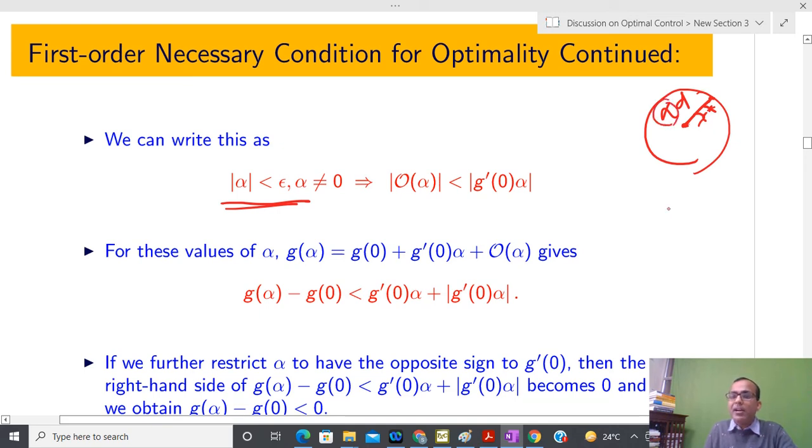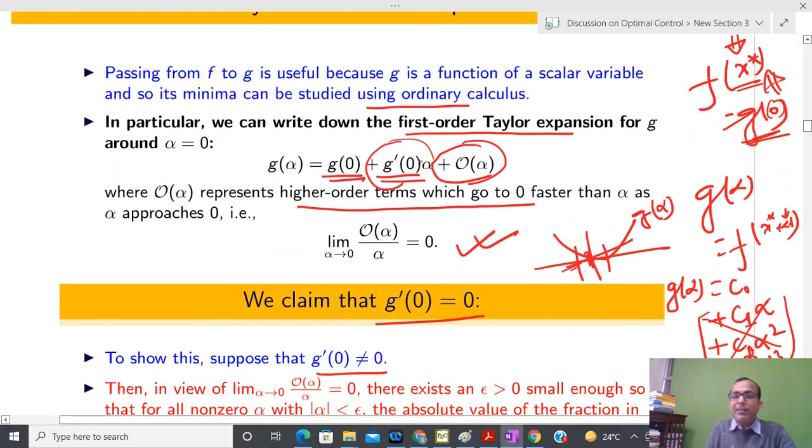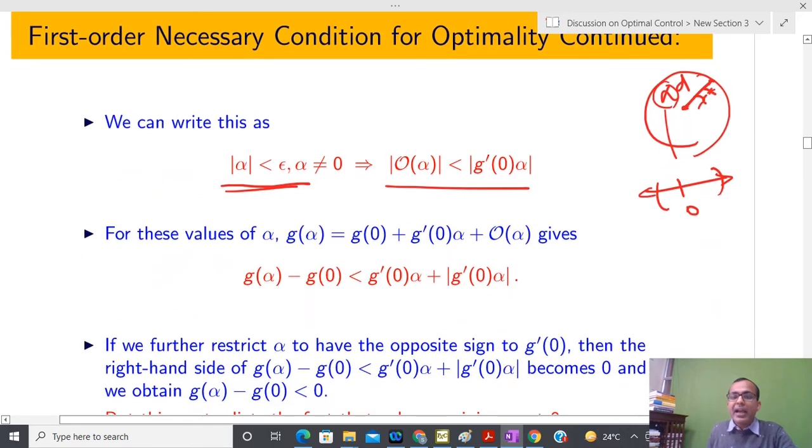Now if alpha, one dimensional alpha, lies in this region, then all higher order terms are lesser than this. It is not difficult to show that since we are taking the Taylor series expansion, if alpha is very small, then this term is practically very small. And now using this result, I can make some kind of correlation with g dash 0.